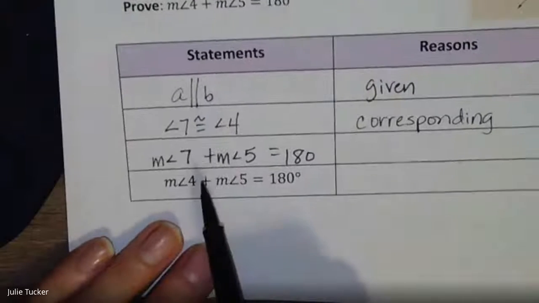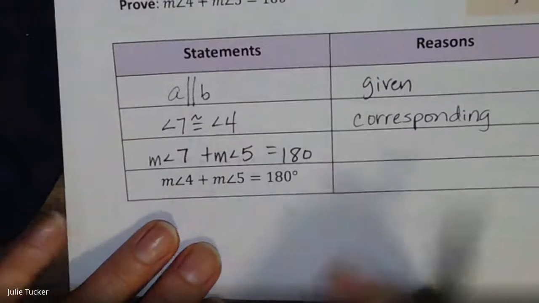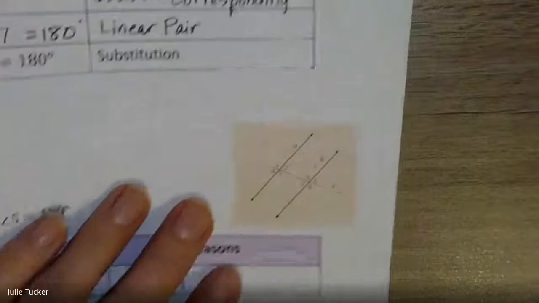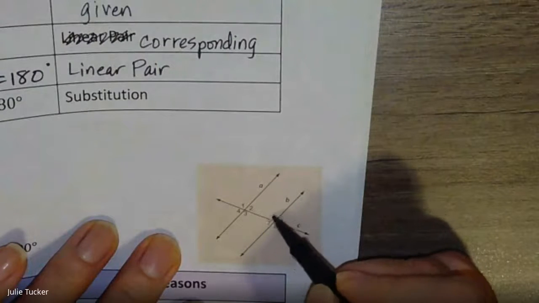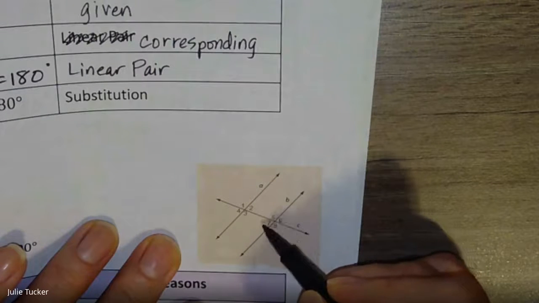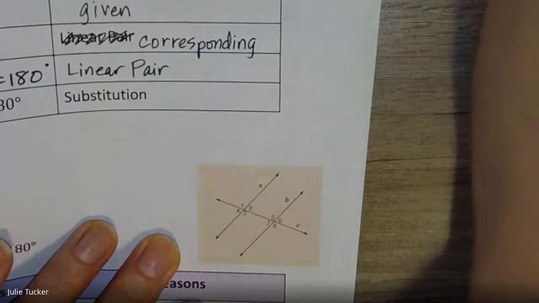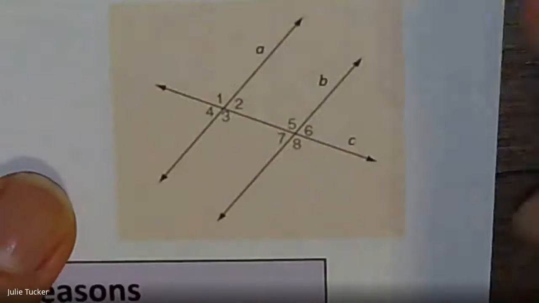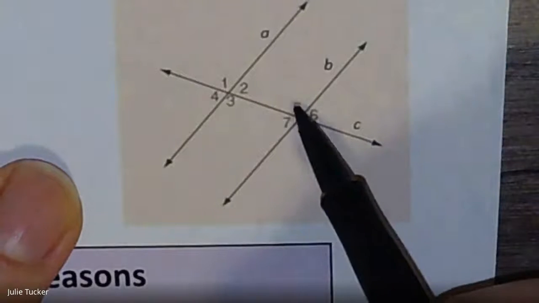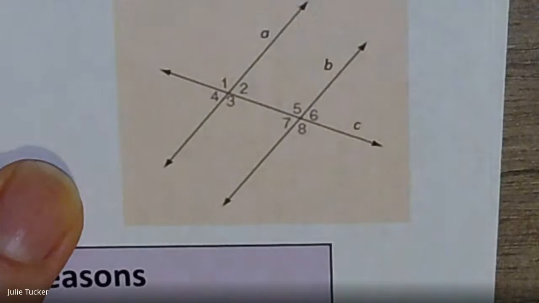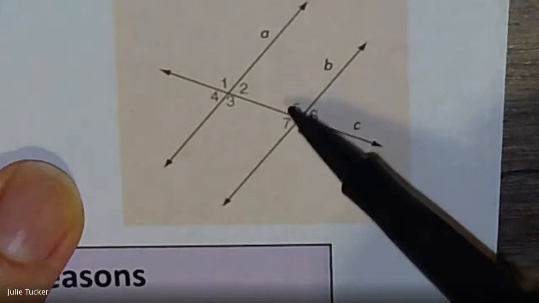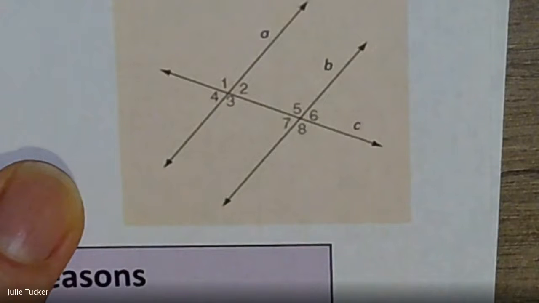Then we have our line where it says 7 plus 5 is 180. That was these two. So what is 7 and 5? What is that called?